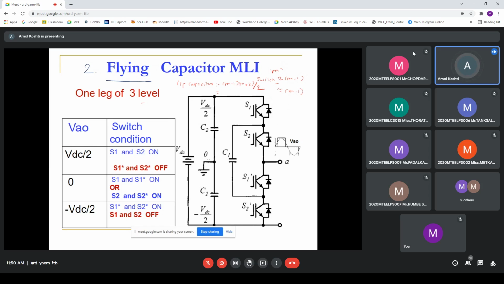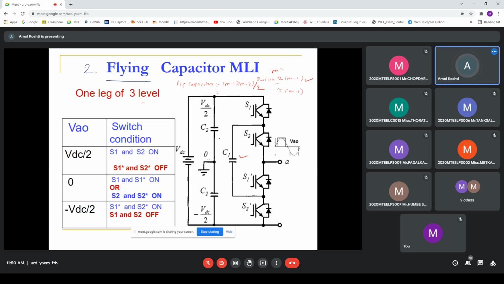So 2 into 1 is 2, and 2 by 2 is 1. So here we have only a single flying capacitor. If you observe the diode clamp and this flying capacitor, the formula to get the switches in the circuitry will be the same.